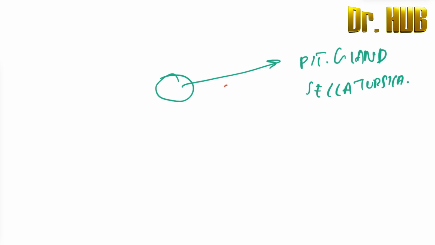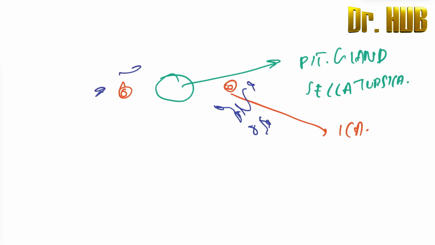Beside this there will be the internal carotid artery, then the cavernous sinus.